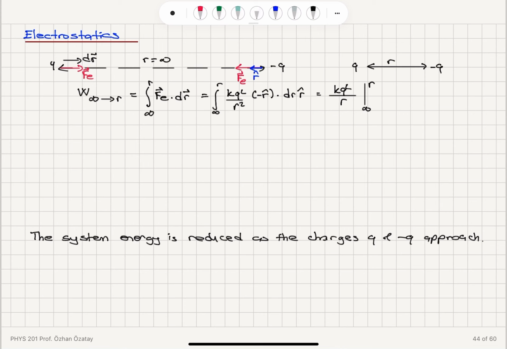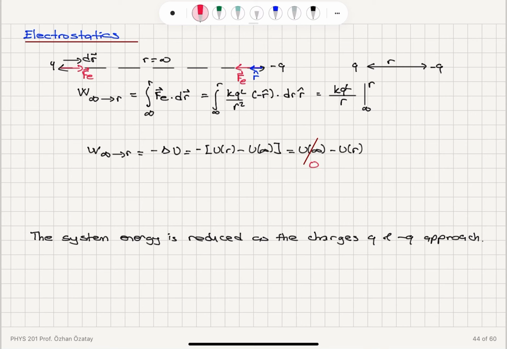So work done by the electrostatic force going from infinity to position r will be minus the change in potential energy, minus U at r minus U at infinity. And once again, I set the potential energy at infinite separation for two charges at rest to be 0. So that's my reference point here.